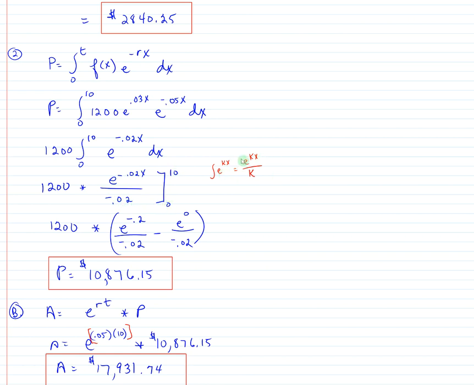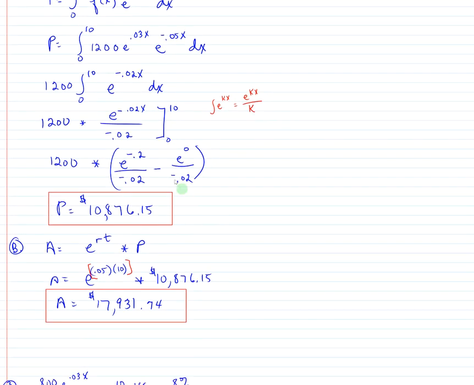I just put that little rule out there to remind you. And so you're plugging in. The 10 made you move the decimal that place. e to the 0 is 1. If you do all of that and then multiply by 1200, we get this.